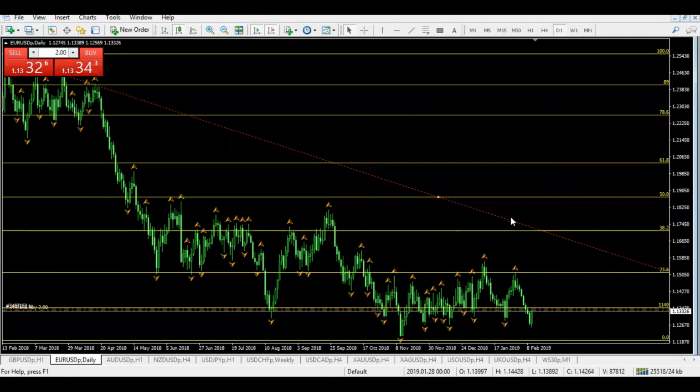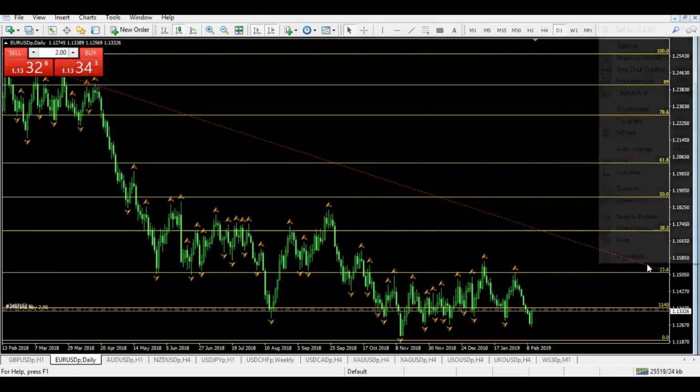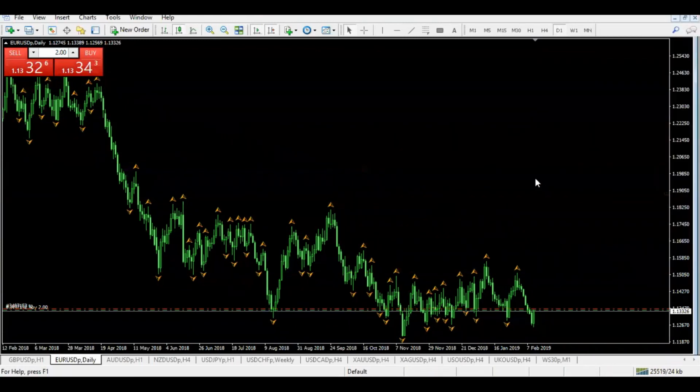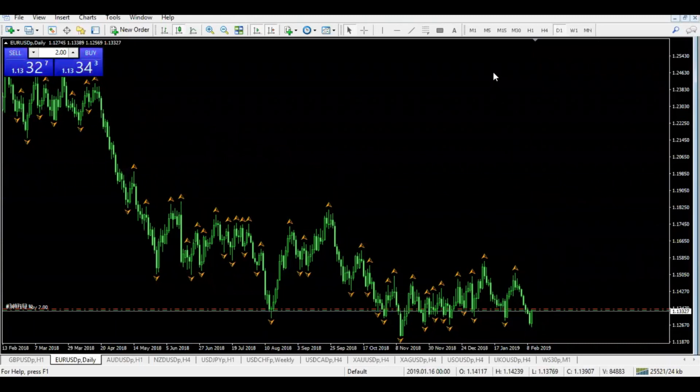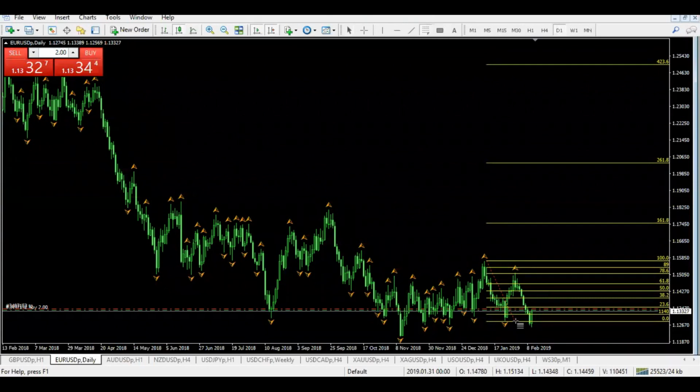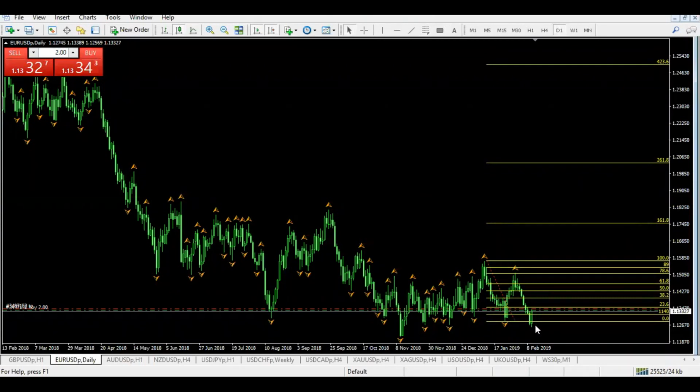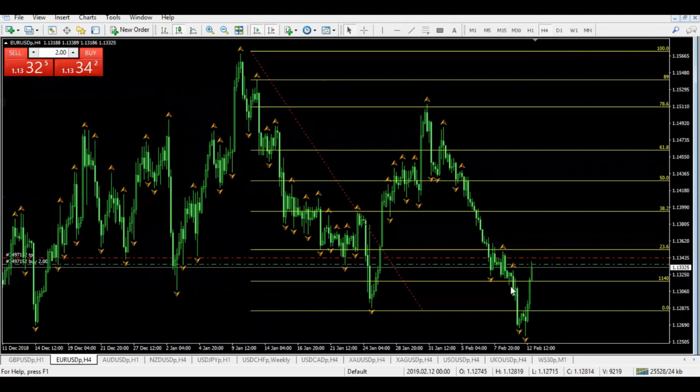I go to my daily time frame. I had a Fibonacci in the daily time frame, from this price to this price. It could break my zero and it went back inside.